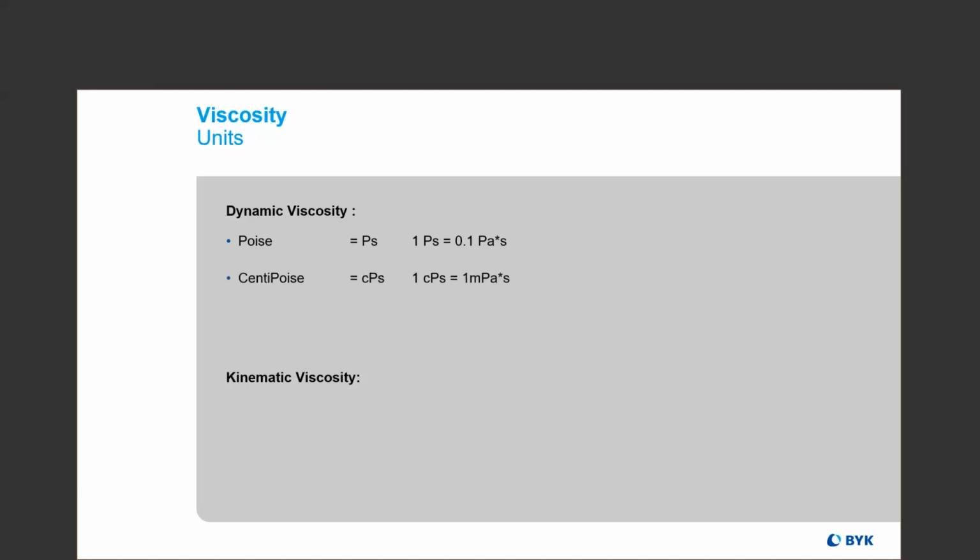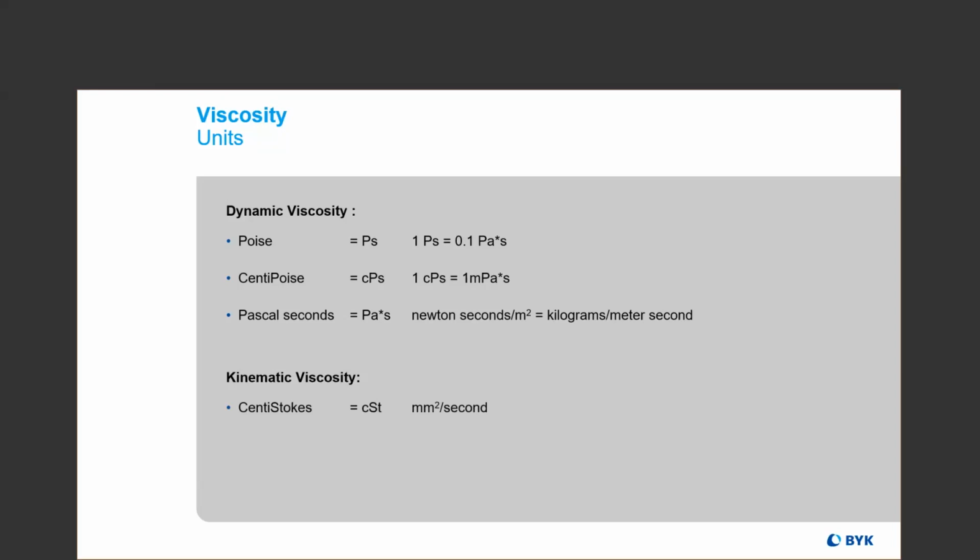A centipoise, in turn, is, of course, a hundredth of a poise, or 1 millipascal second, or 1,000th of a Pascal second. And a Pascal second can be further broken down into Newton seconds per meter squared, or kilograms per meter second. So a few different ways you can express that.